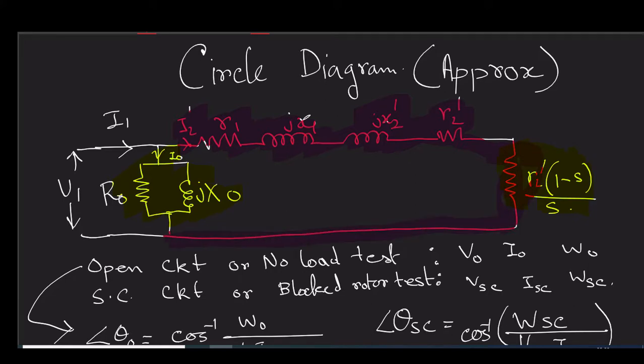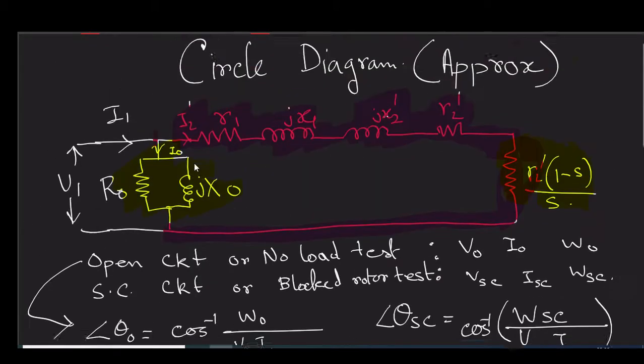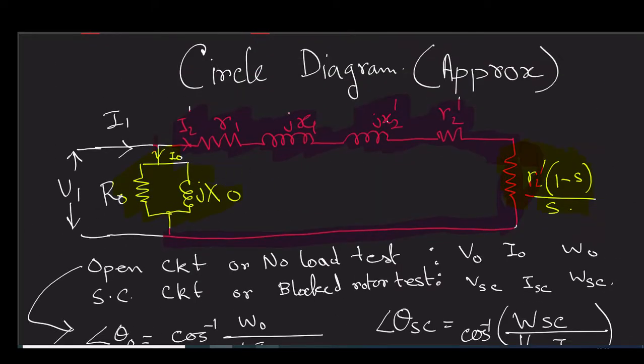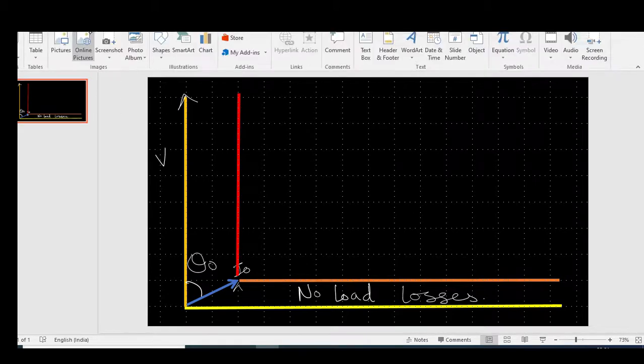These two are connected in parallel. What is parallel? When the ends are connected, then it is parallel. So both of them experience V1 across them, and we can also see that from the current relation I0 plus I2 dash. Therefore we can draw ISC with respect to this. Now let us draw ISC from this line.